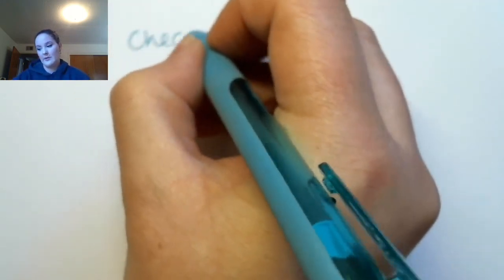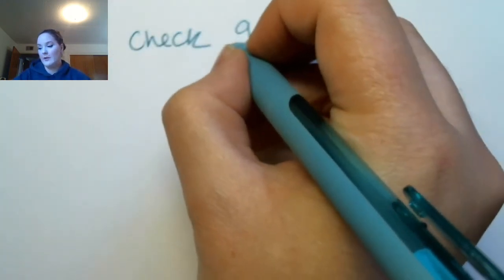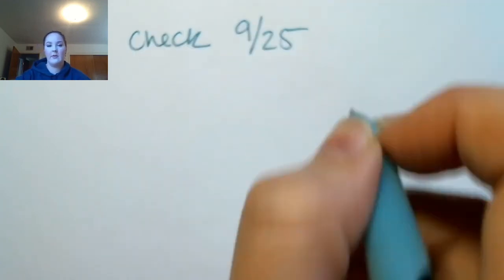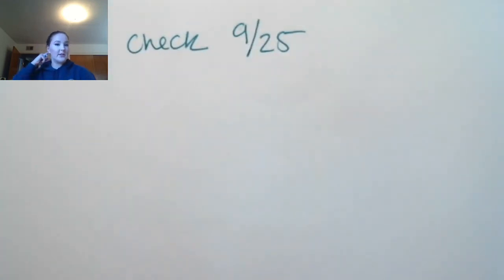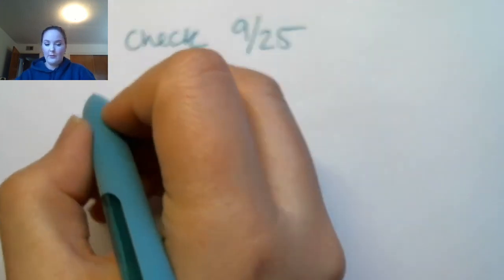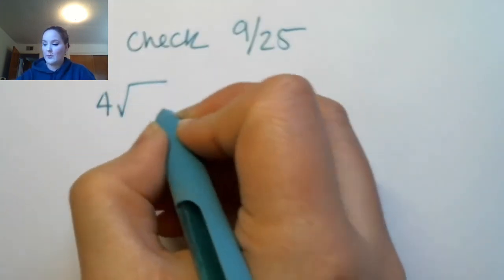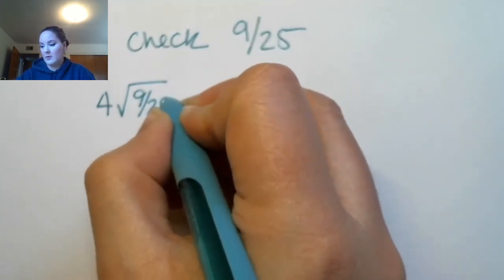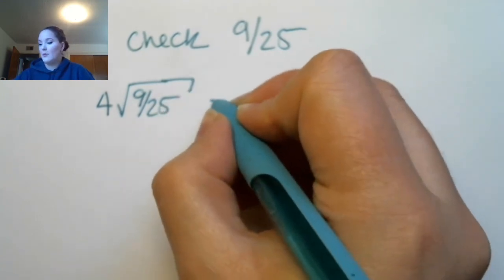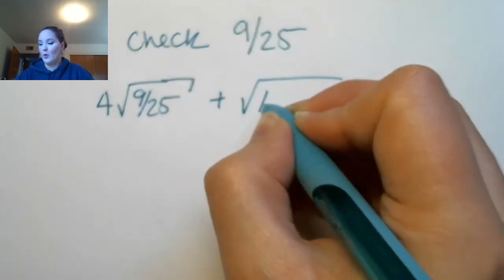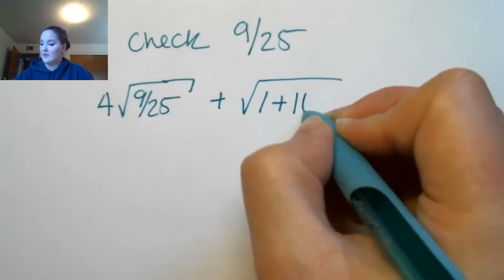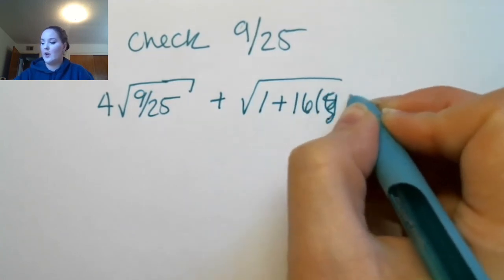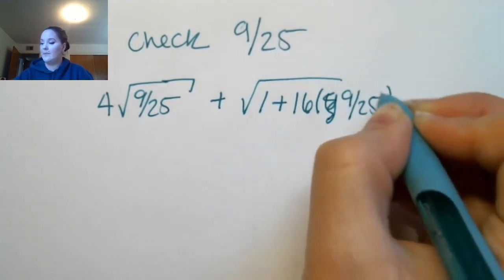Okay, so I'm checking my solution, 9 over 25. Okay, so I'm going to plug it into my original equation, which was 4 square root of y plus square root of 1 plus 16y. Oops, y is 9 over 25.